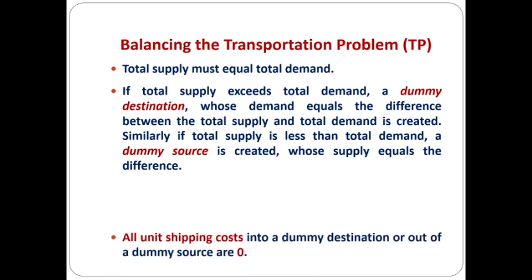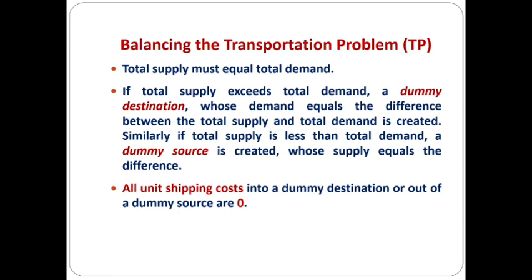After creating the dummy destination or dummy source, the unit shipping costs into a dummy destination or out of a dummy source are 0. We have to assign 0 value for all the cost values of the particular dummy destination or dummy source. An example is given here.